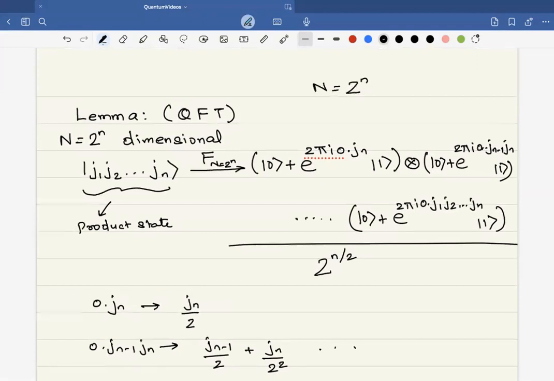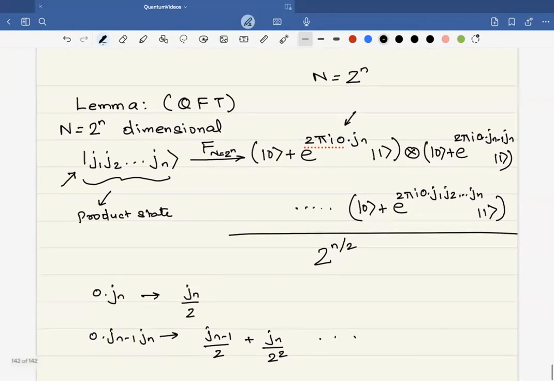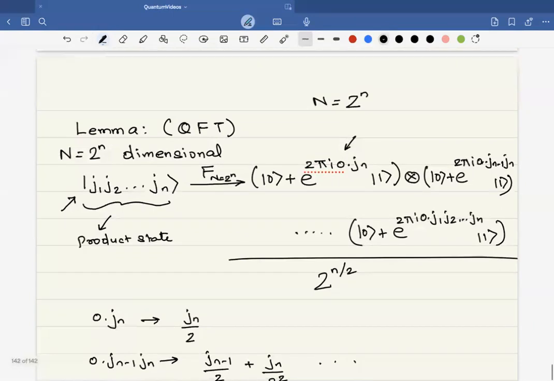Then in the qubit representation, I have this basis vector, and the lemma states that this basis vector goes to this product state, where this representation that I have shown over here, 0.jn means a base 2 representation of the bit jn.